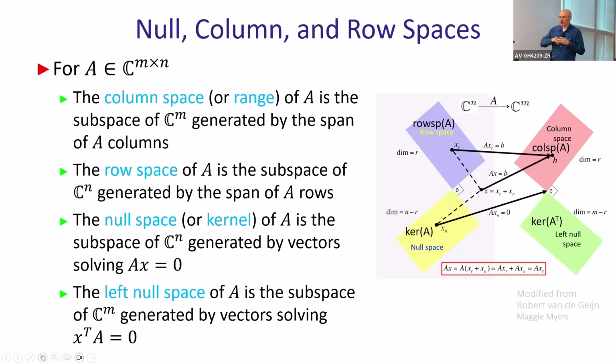If A is square and invertible, this will be only the 0 vector, a very small subspace with only one vector in it. But if A is not invertible or is rectangular, you can have multiple different solutions to that equation, an infinite number of solutions.